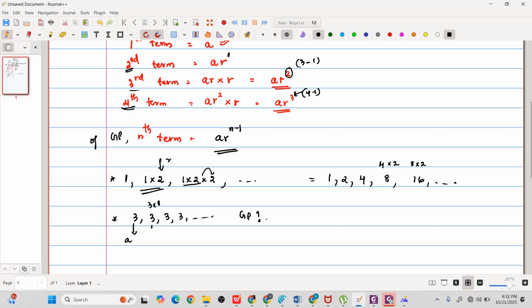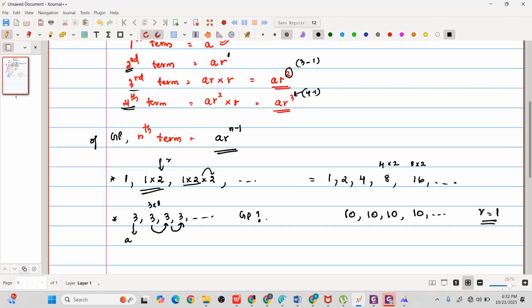Again the second term multiplied with 1 gives 3, and 3 multiplied with 1 again gives 3. So this is a constant GP with common ratio 1. That means if the first term is repeated for all the next terms, then the common ratio will always be 1.